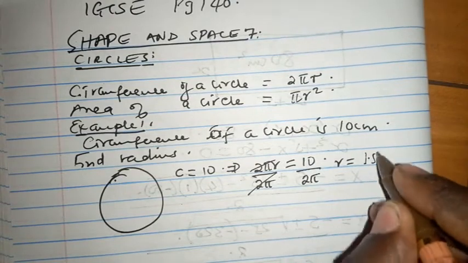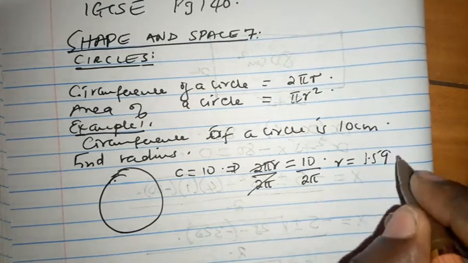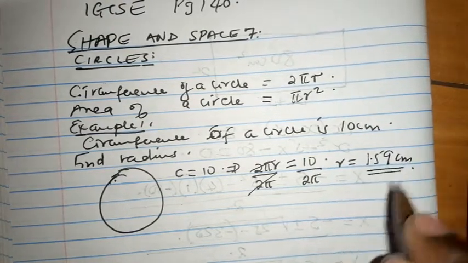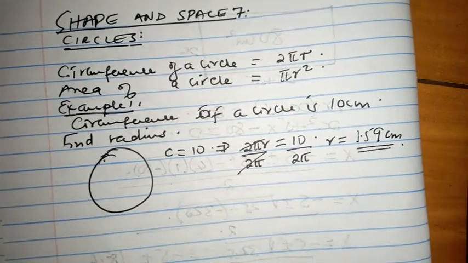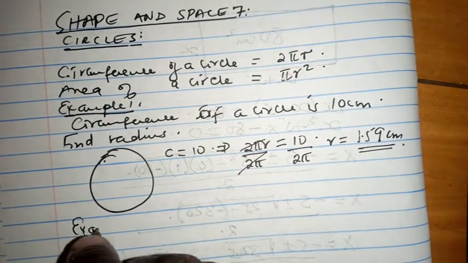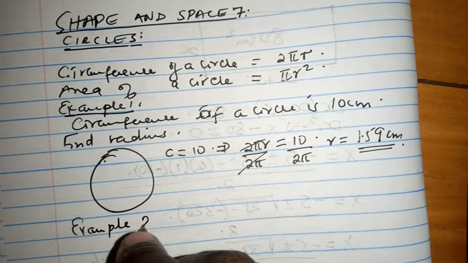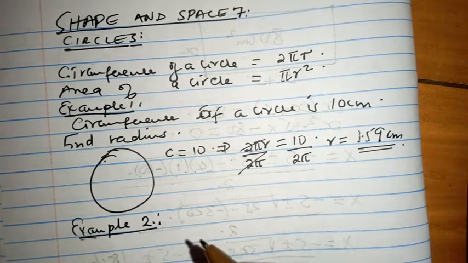This is 1.59 centimeters to 3 significant figures. This is just what we know, so we rush over them.